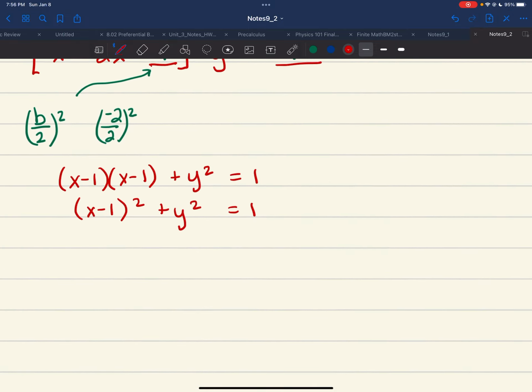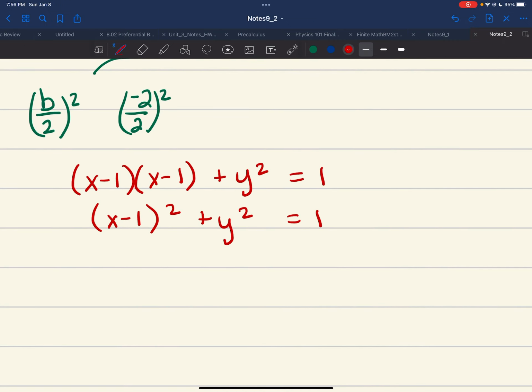Here's what this tells us, okay? That my radius is going to equal the square root of 1. Well, square root of 1 is still 1, so my radius is 1. On my y-axis, my center is at 0, and the reason why I say that is because it doesn't move. There's no other term within that y squared.